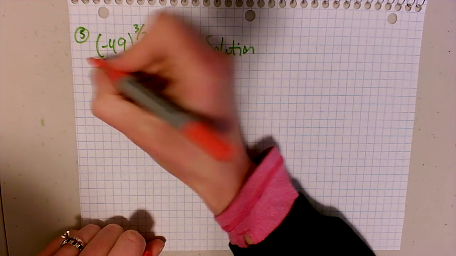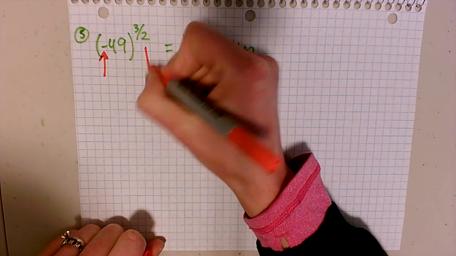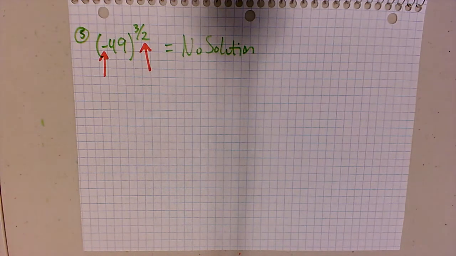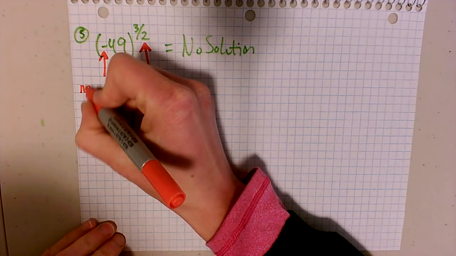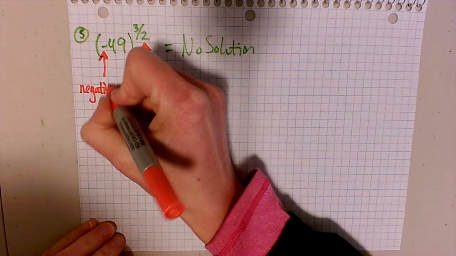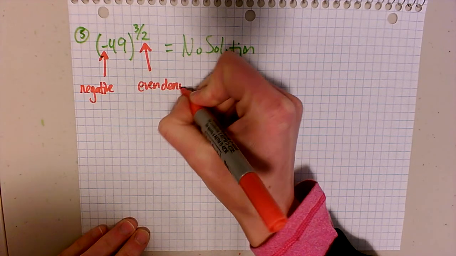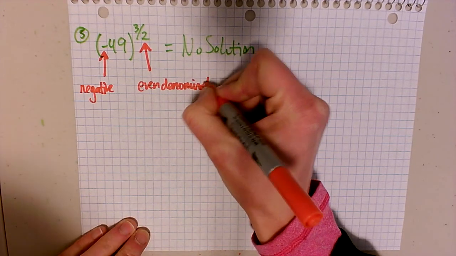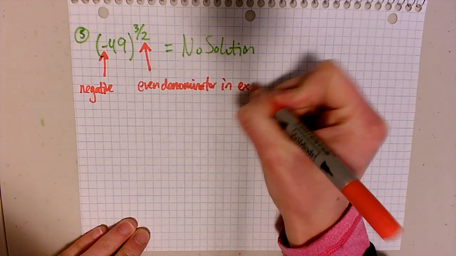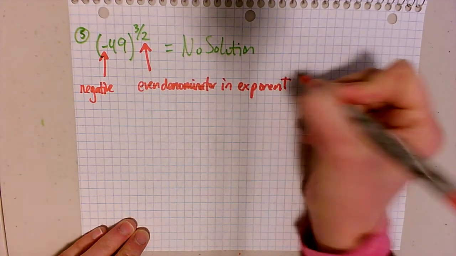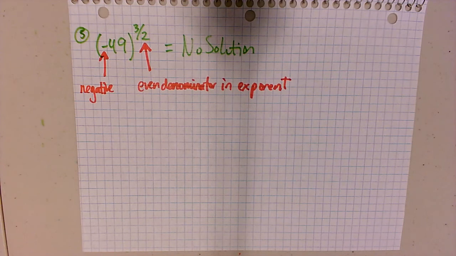The first is the negative right there, and then that even denominator in the exponent, okay? So whenever you have a situation where your base is negative and the denominator of your exponent is even, it's no solution.